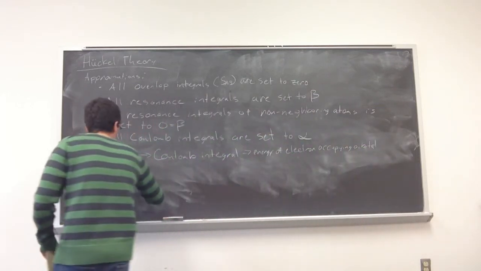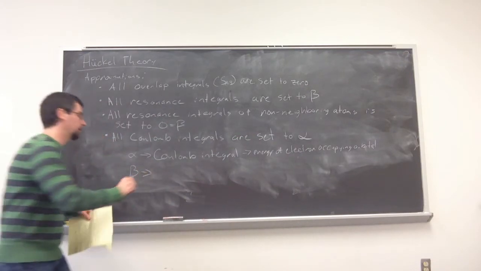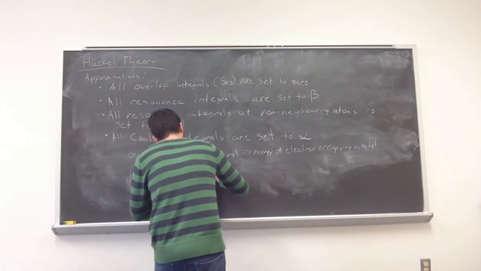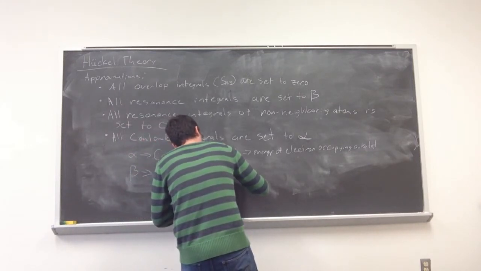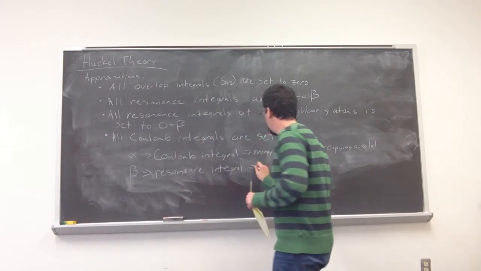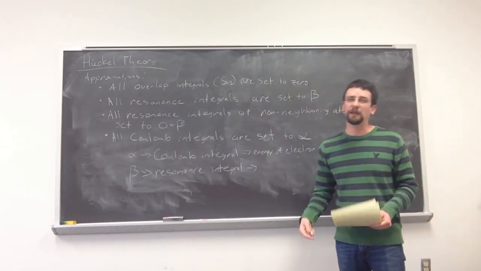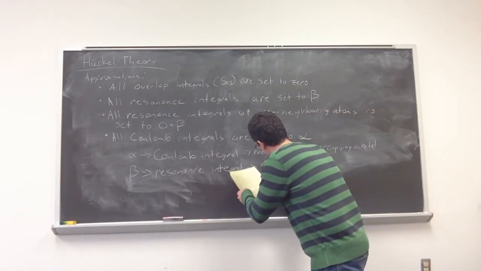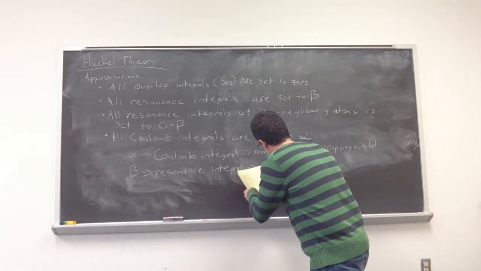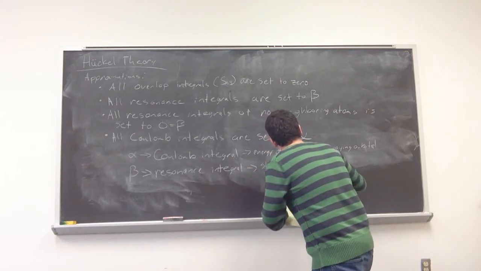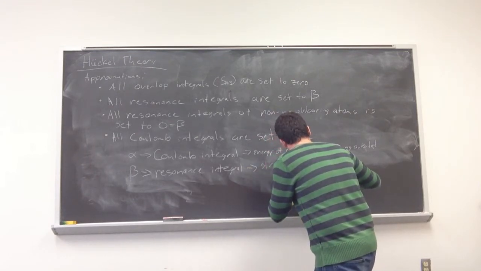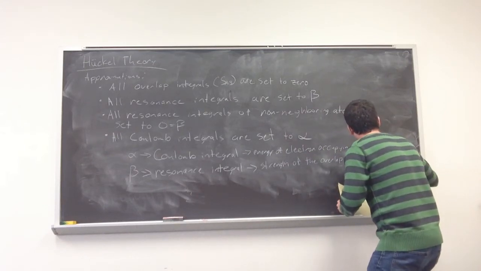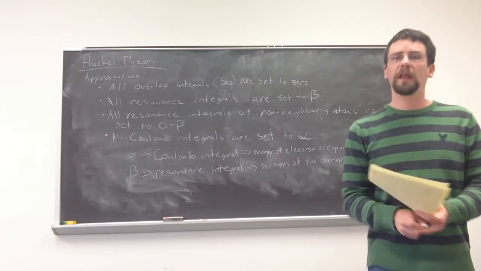And beta, that's the resonance integral, and that has to deal with the overlap or the strength of the orbital interaction. So it's the overlap between those two.